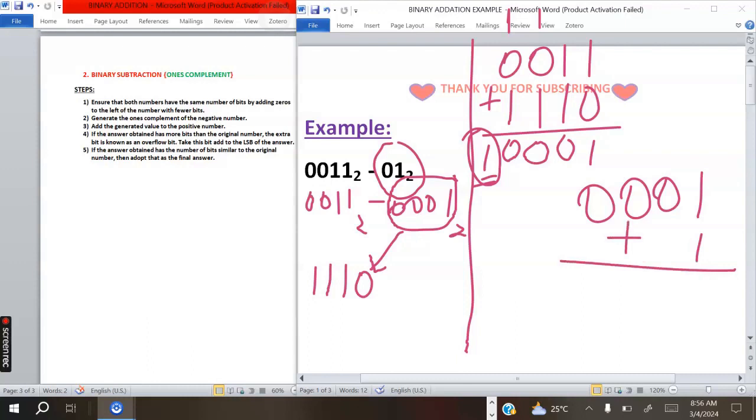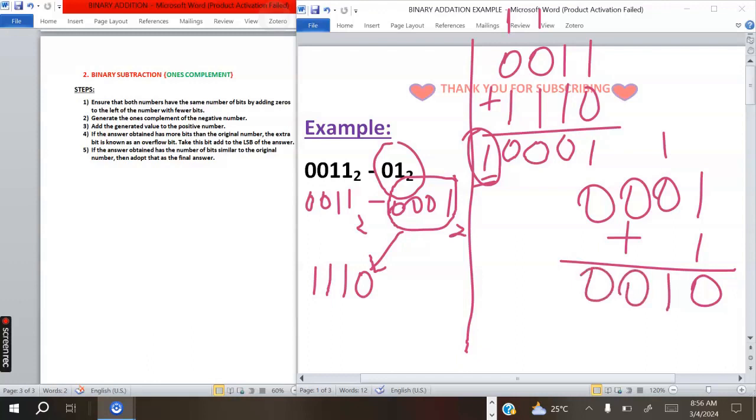Now, after you add the overflow, you will add 1 plus 1, which is 1, 0. Now, carry 1 here. 1 plus 0 is 1. Then the other is 0, 0.